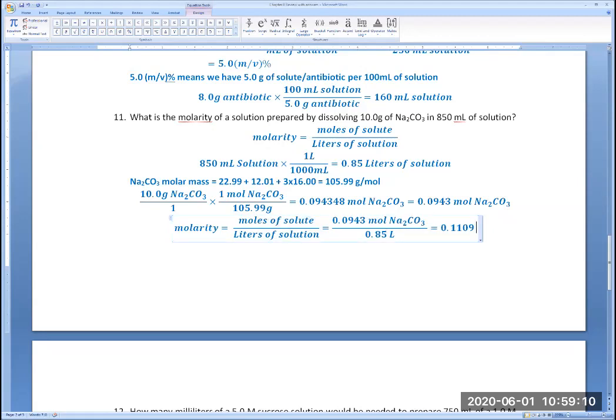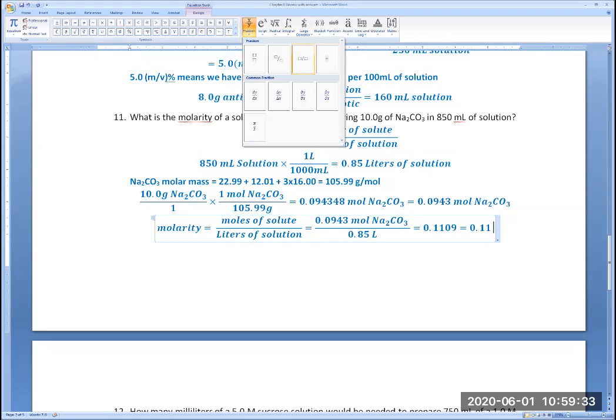And let's do the rounding before I write the unit. So we said 2 sig figs. So 0 is not significant. We keep the 1, that's 2 sig figs already. What comes after the 1 is a 0, so we keep it like that.